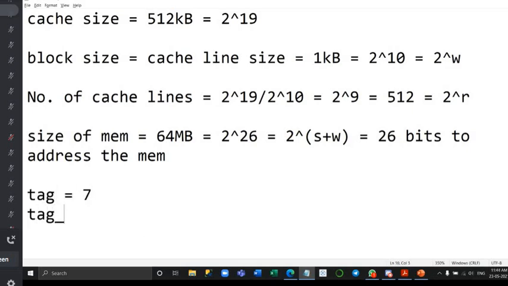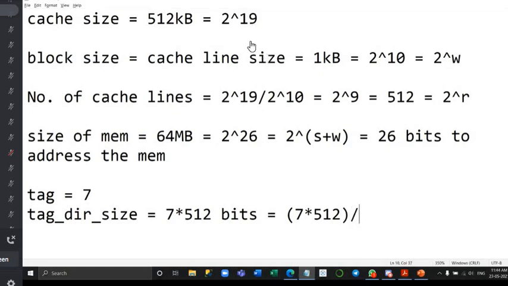The tag directory size will essentially be my tag bits multiplied by my number of cache lines. These are the number of bits, and if you divide the entire thing by 8, you get that many bytes.